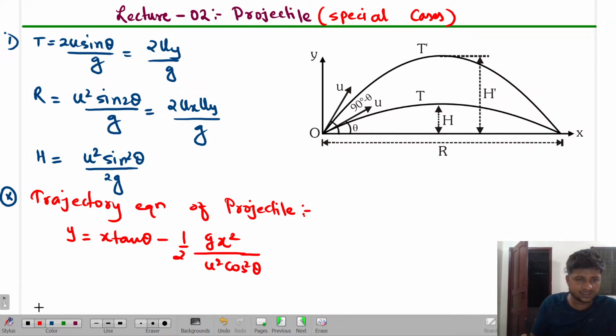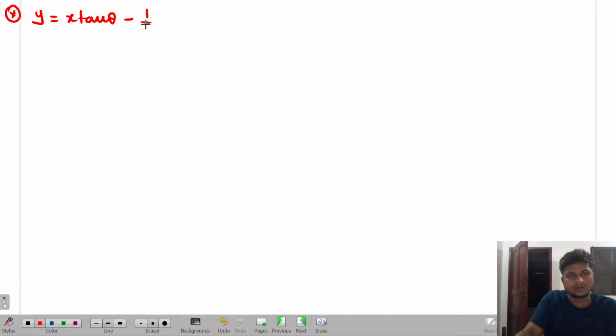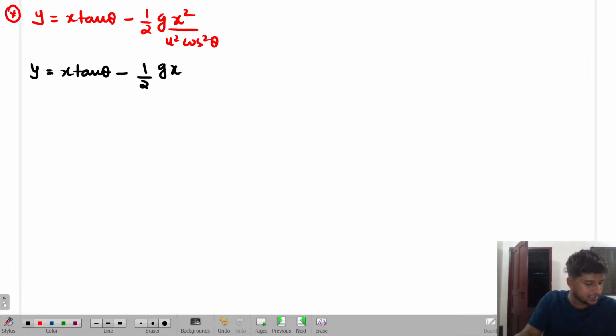I want to optimize this trajectory equation. The reason for this, you will see why I'm optimizing it. Now look over here. If I see this equation, x tan theta, can I just multiply sine theta in the numerator of the half g x square term?